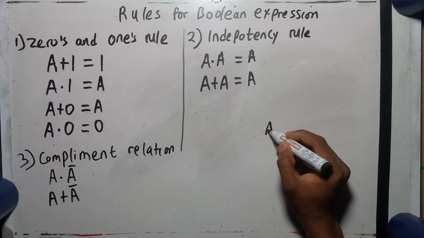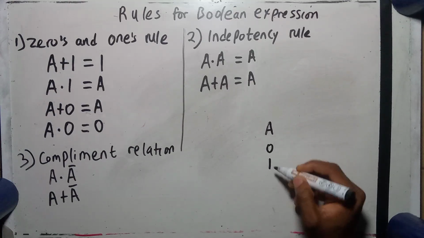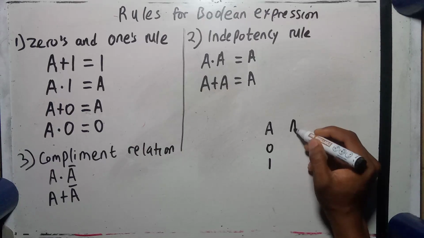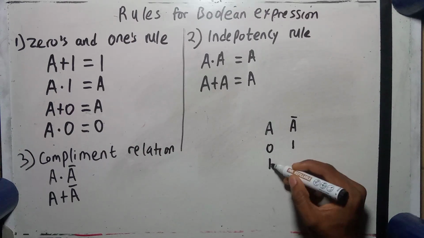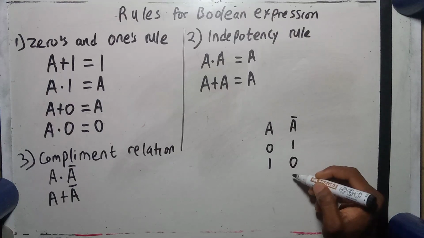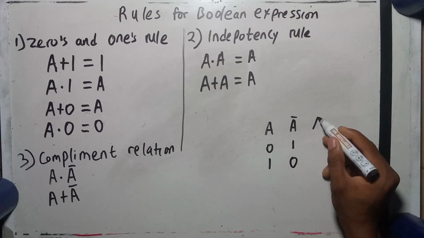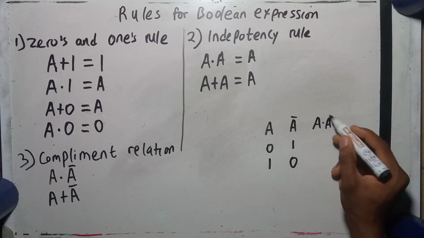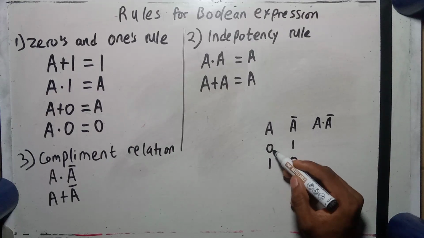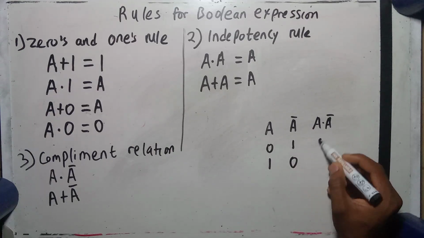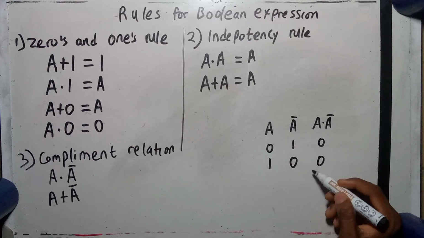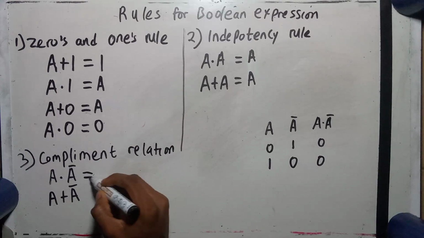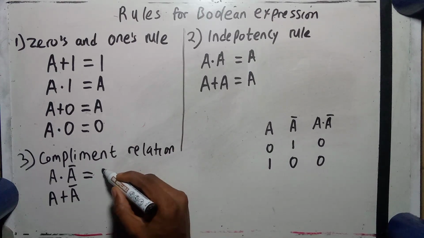So let's say our A is 0 and 1, and our A bar will be what this guy is not, which is 1, and what this guy is not, 0. Now our A dot A bar, which will be the product of this, is 0 times 1, we have 0. 1 times 0, we have 0.